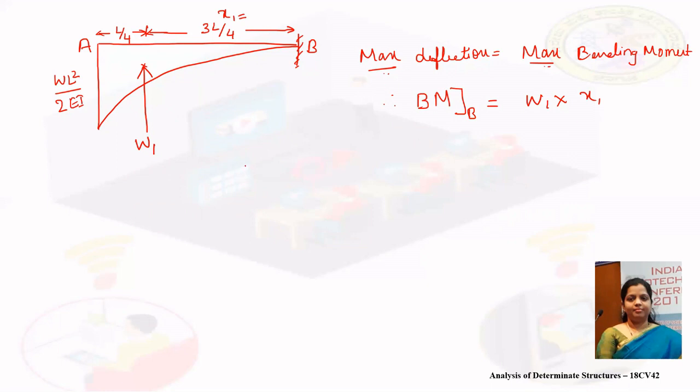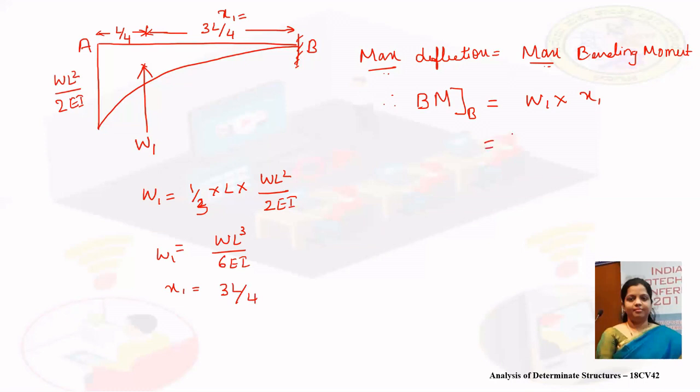Therefore, let us calculate the value of W1. W1 is the area of the parabola, that is 1 by 3 times L times WL square by 2EI, which is WL cube by 6EI, and X is at a distance of 3L by 4.